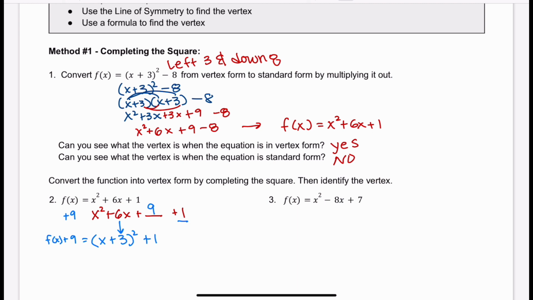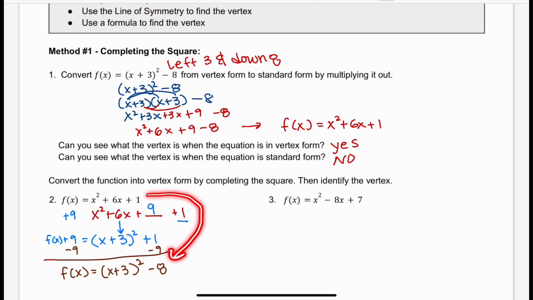I want the y all alone. So I'm going to minus 9 from both sides of the equal sign. And I end up with f of x equals x plus 3 squared, and 1 minus 9 is negative 8. And then I have it in the vertex form here. So these are exactly the same. But one, we went from vertex form to standard form, and one, we went from standard form to vertex form.